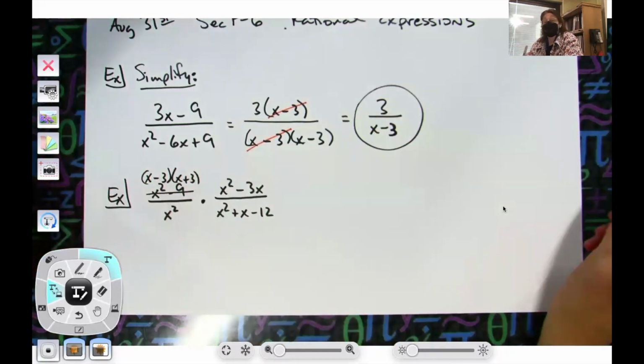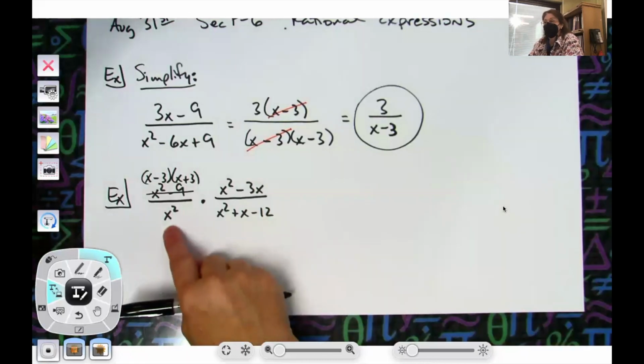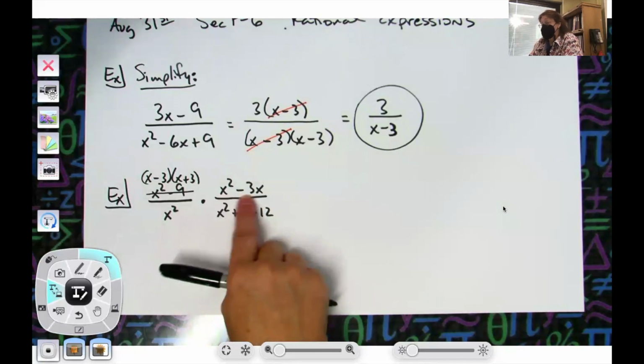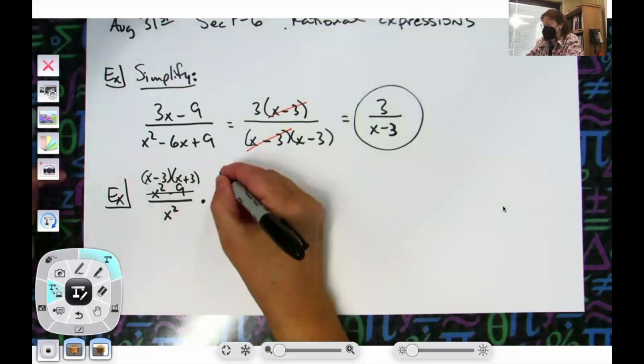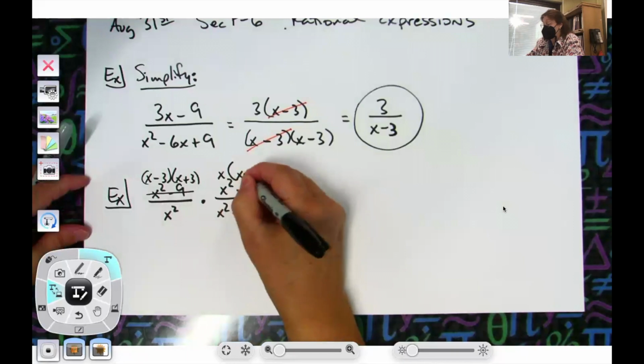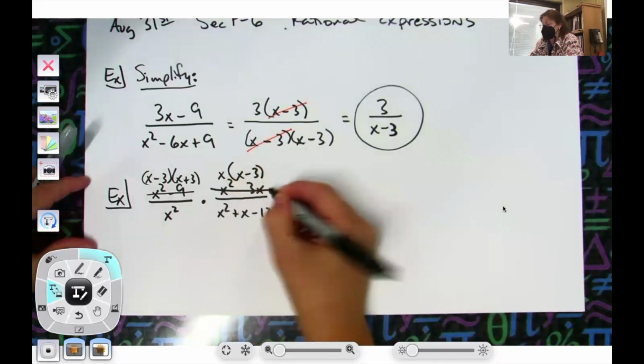Very dependent upon can you factor these effectively. Now if you've got a single monomial term here, it's x squared, you can't factor that. Over here, I've got 2 terms again, but not a difference of 2 squares, so I can only take out a greatest common factor of an x. If I take out that x, I would be left with an x minus 3. So that's no longer there.